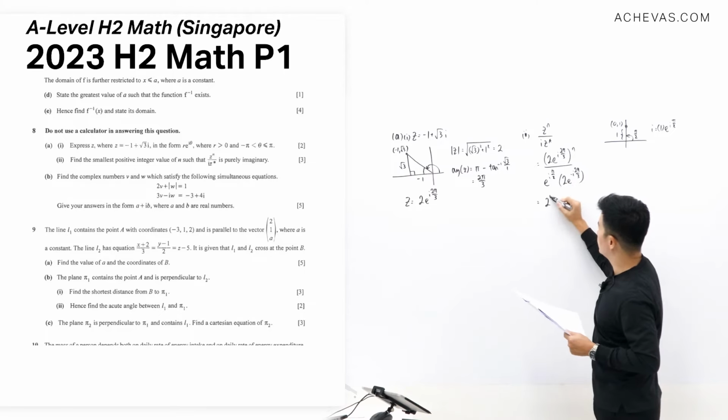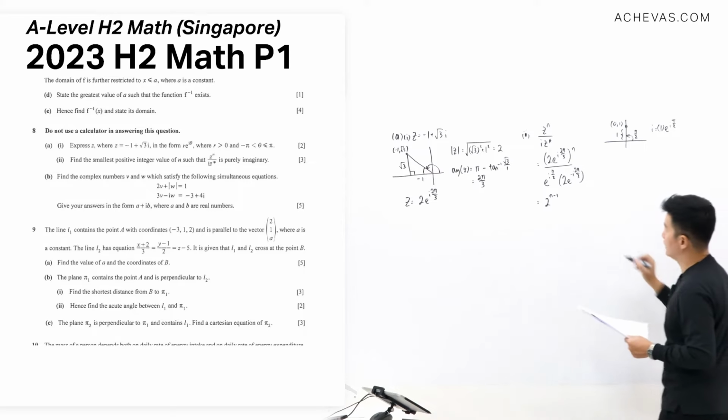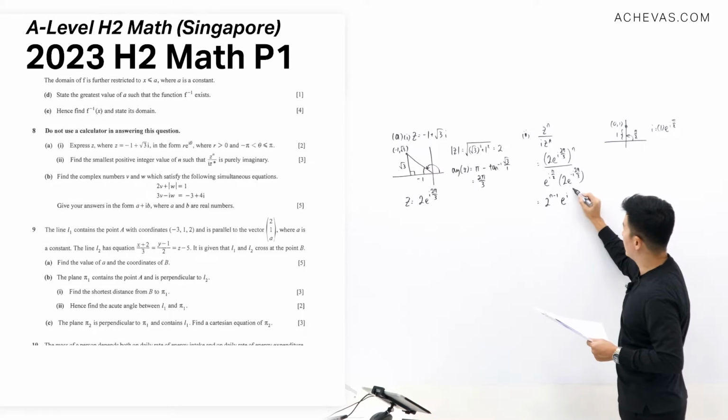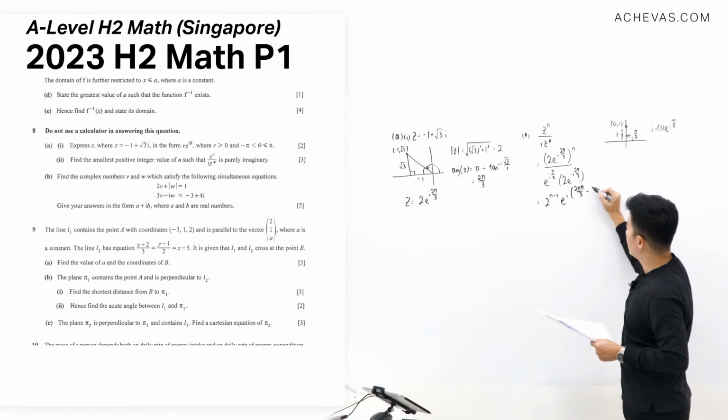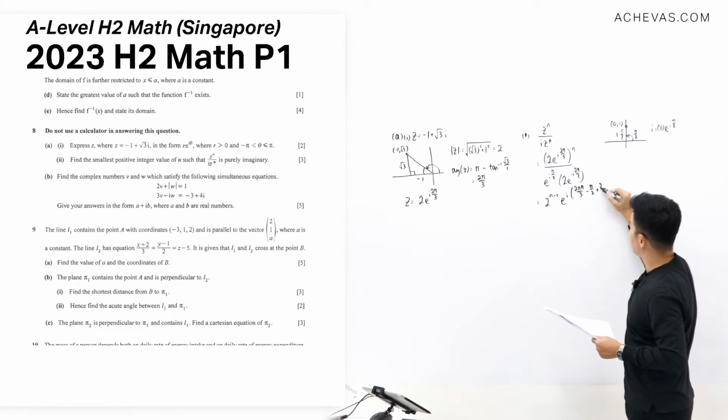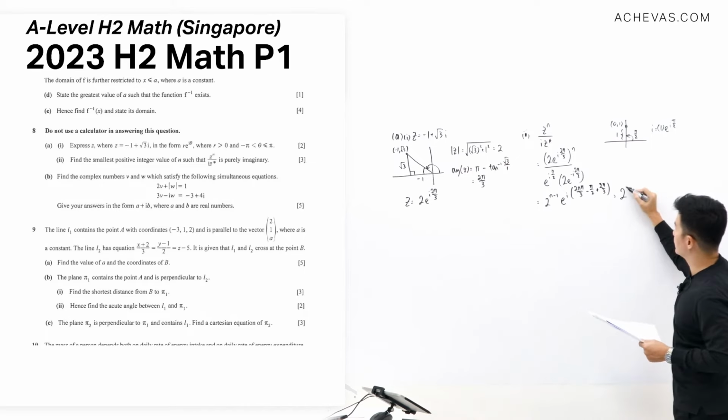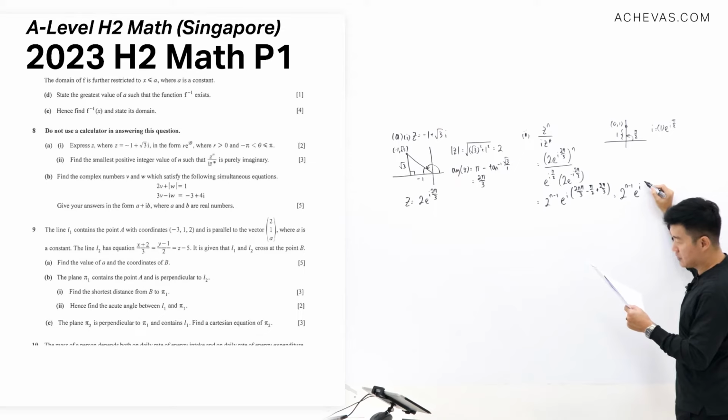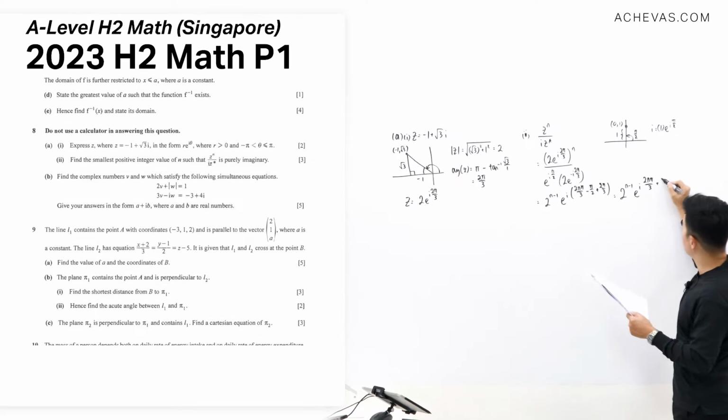So we have 2 to the power of n divided by 2, so 2 to the power of n minus 1, and we will have e to the power of i times 2n pi over 3 minus pi over 2 plus 2 pi over 3. So this is going to be 2 to the power of n minus 1 e to the power of i times 2n pi over 3 plus pi over 6.